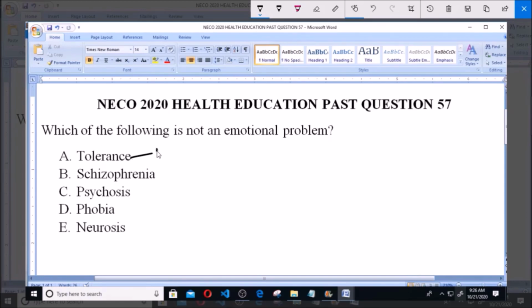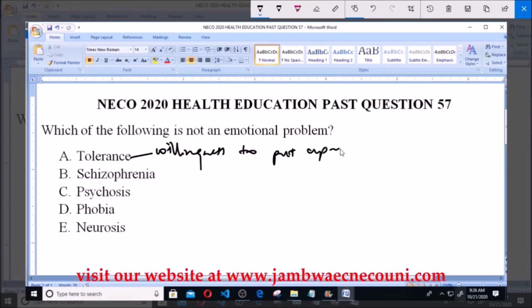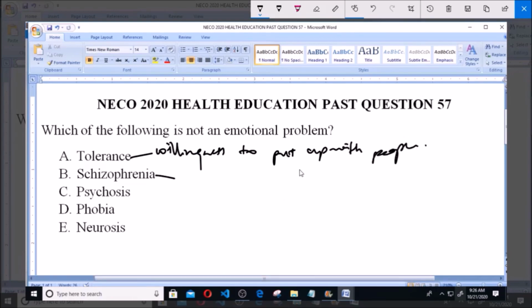Tolerance simply refers to the willingness to tolerate or to put up with people around you. Now, option B says schizophrenia.